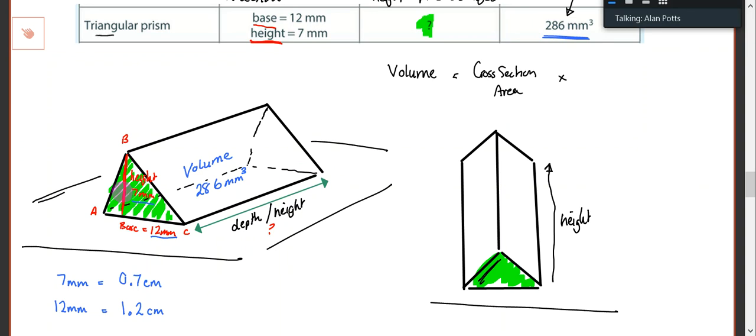All right. So the volume looks quite a big number, but actually, if you think what a cubic millimeter looks like, well, a cubic millimeter would be a cube that is 1 millimeter by 1 millimeter by 1 millimeter dimensions. And actually a cubic centimeter, do you know how many cubic millimeters fit into a cubic centimeter?